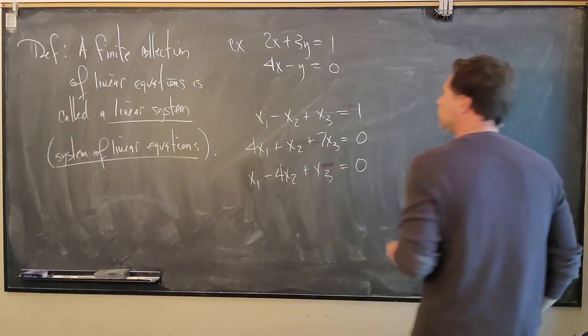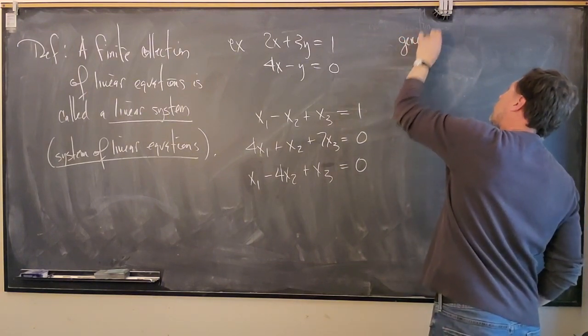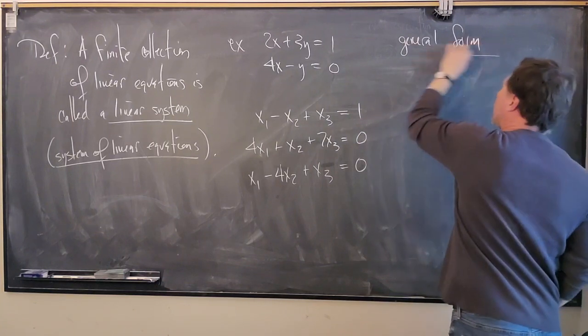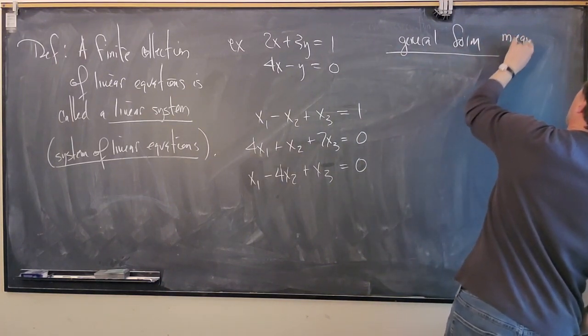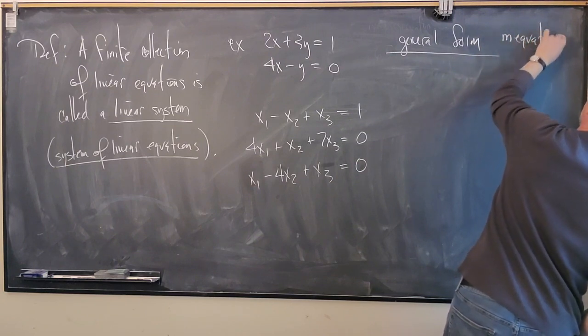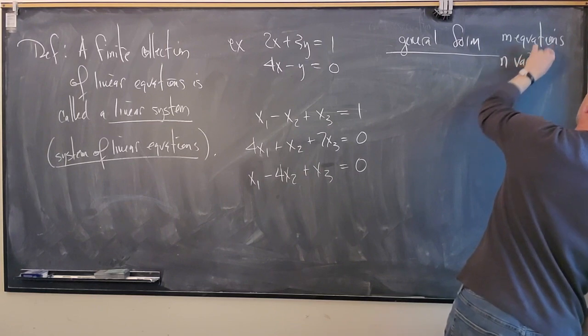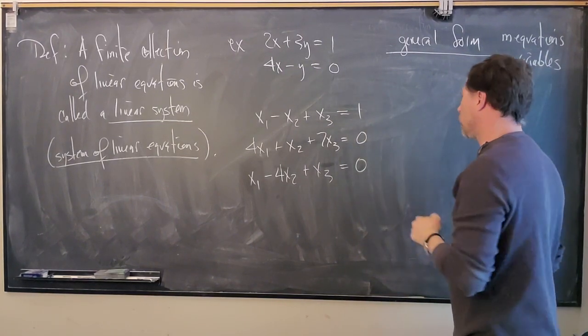Now, what I want to do is write down the general form of a linear system, and in this case, what we'll have is m equations and n variables. Right? So the general format will look like this.